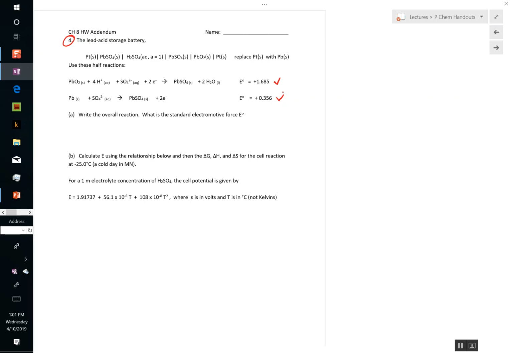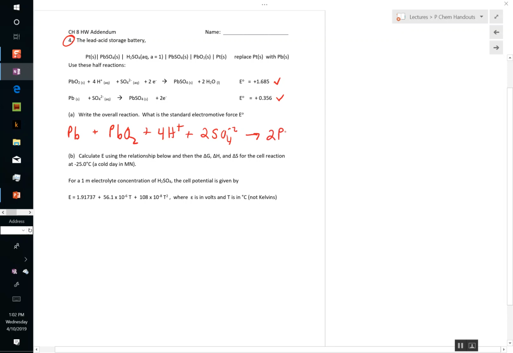Okay, part B. You got that? Oh, let's just write that out. So we're going to have a lead solid. I'm not going to put the subscripts for right now, but they're up above. A lead oxide, 4H plus, 2SO4 minus 2 is going to produce 2 lead sulfates and 2 waters. Is that all we produce? Yeah.